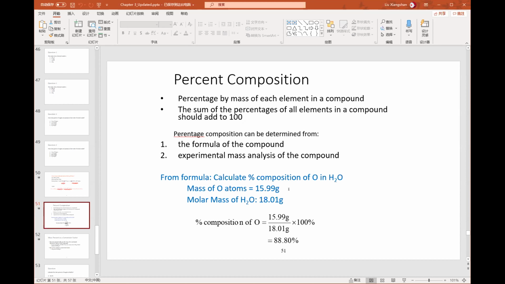So the percentage composition of oxygen in the hydrogen oxide should be 15.99 divided by 18.01 times 100%, which is 88.8%. Okay, remember this is the percent composition, which is the percentage by mass.